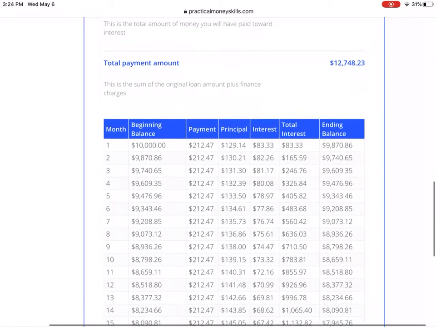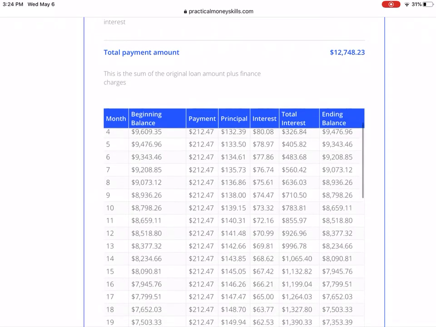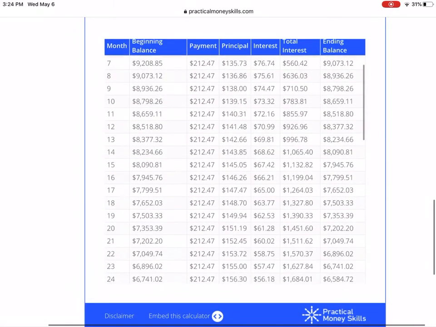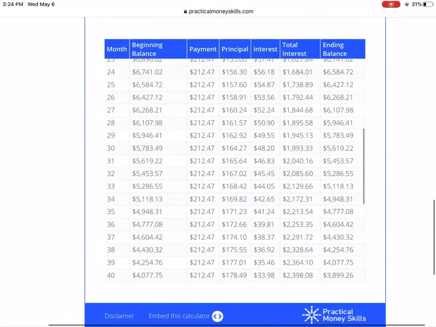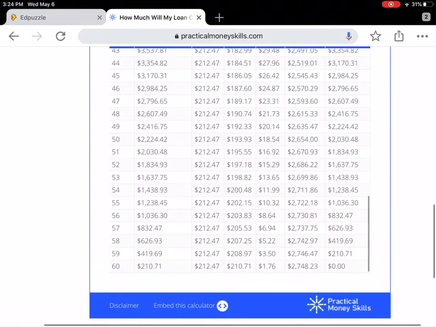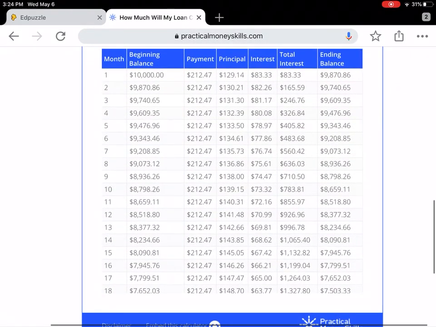And then you can actually go back. So let's look at the amortization chart. Again, the minimum payment is a consistent, steady payment. Look at that, $212.48 all the way through 60 months. But watch what happens, and it happens rather slowly at first, and then it ramps up toward the end.